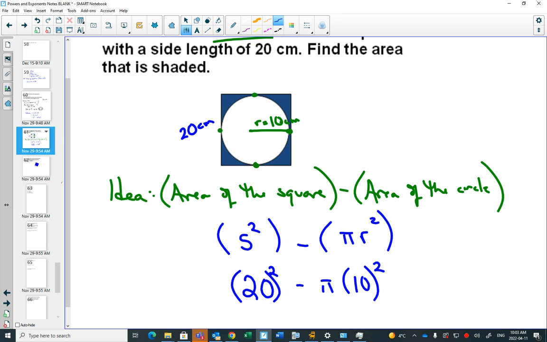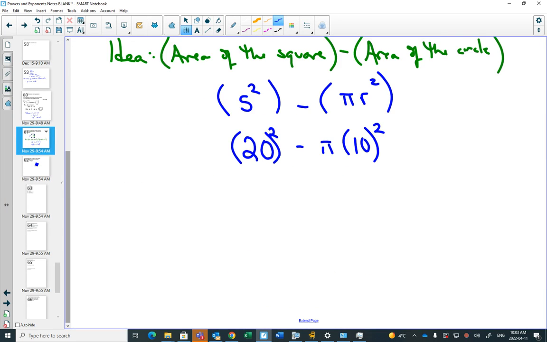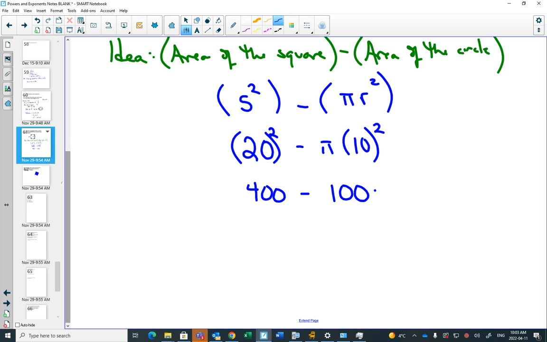Remember, when we substitute numbers in, we put them in brackets to help us just hold that number. And 20 squared is 400. And 10 squared is 100. So if you were doing order of operations, you would do that 100 first, and it still needs to get multiplied by pi.